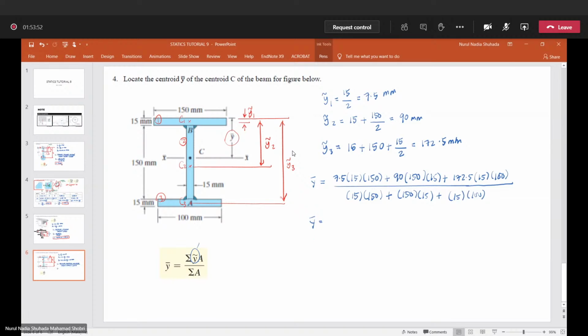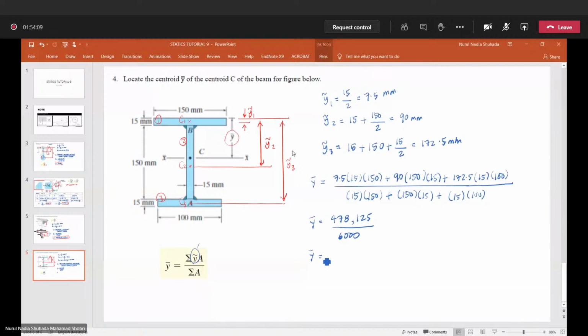You get the upper part to be 478,125, and the bottom part we get 6,000.